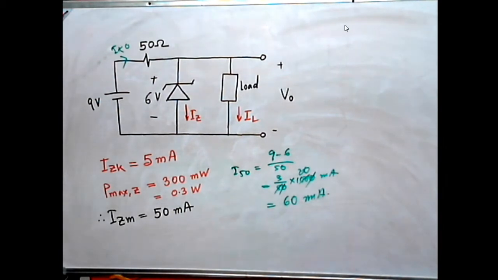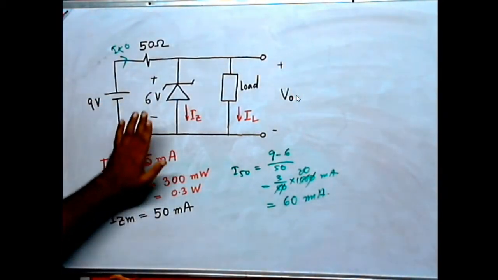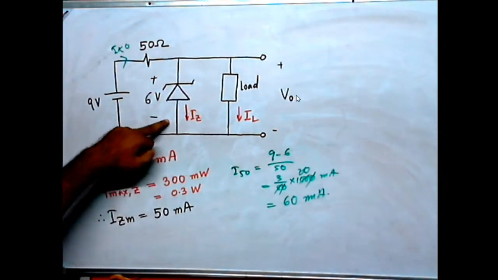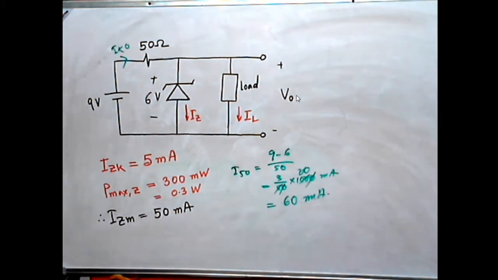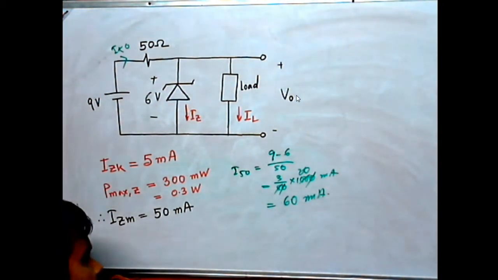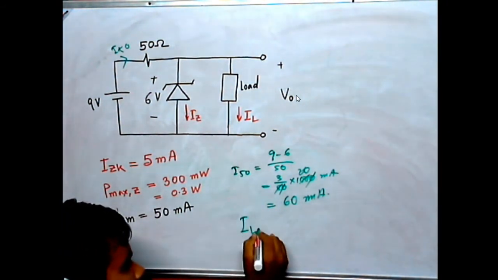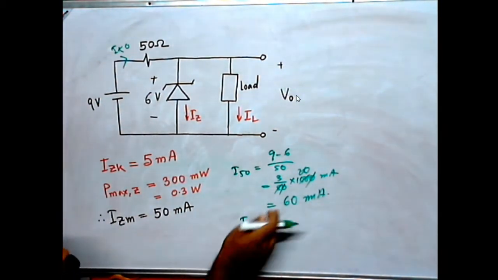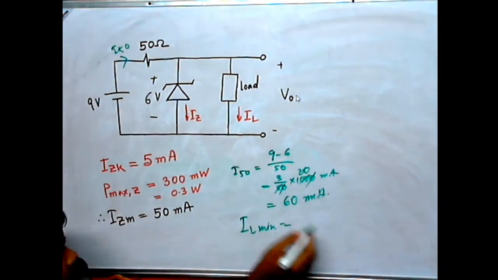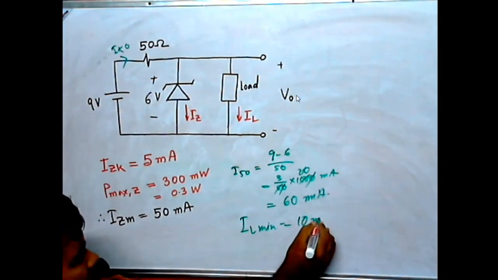Okay, so this is basically a constant current. Now the next thing that you have to understand is that when this Zener diode is consuming the maximum current, that is 50 milliampere, that time the load is consuming the minimum current. Then what is the minimum current of load? IL minimum is basically 60 minus 50, because 60 is the total current. That is 10 milliampere.